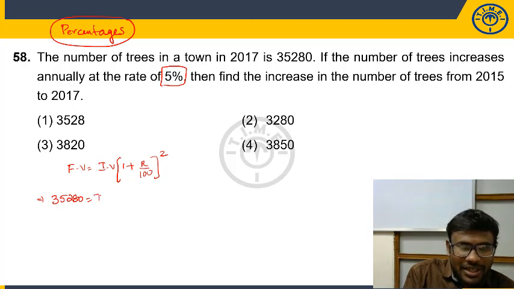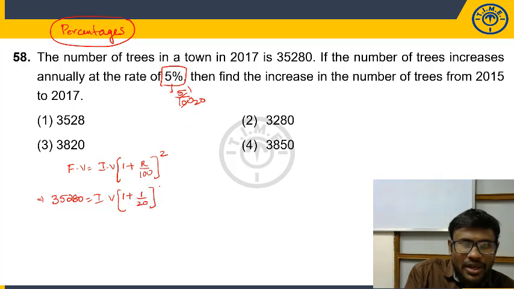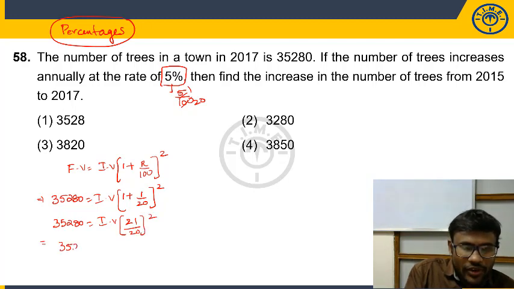So your final value is 35,280. So the initial value, let us calculate. 5% means how much? 5 by 100, no? 1 by 20. So it is increased by 1 by 20. So it is 1 plus R by 100, which I can write as 21 by 20 whole square. So 35,280 is equal to the initial value into 21 by 20 whole square.